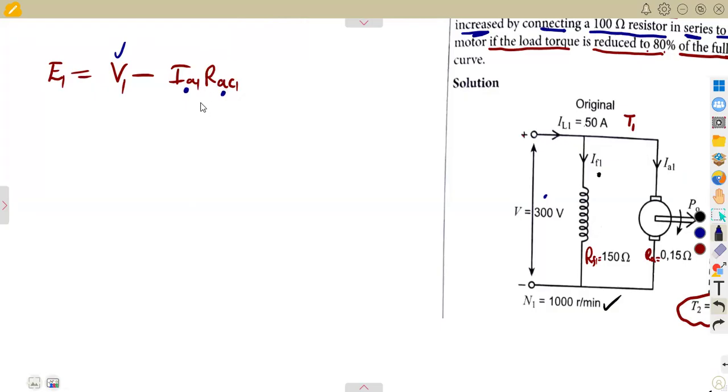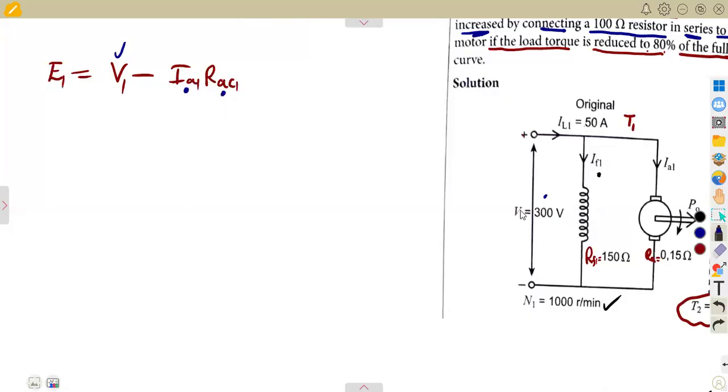So for the part of the armature, we just have the armature resistance. There's nothing in series. We just take this as it is. If there was a series resistor in the armature circuit, you add that one. It's part of the armature. So that is your specific EMF equation.